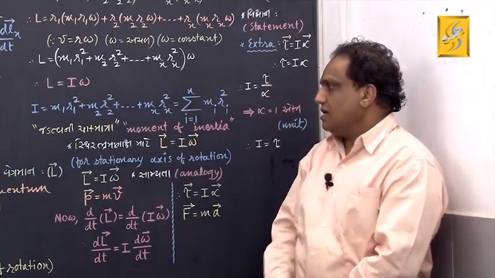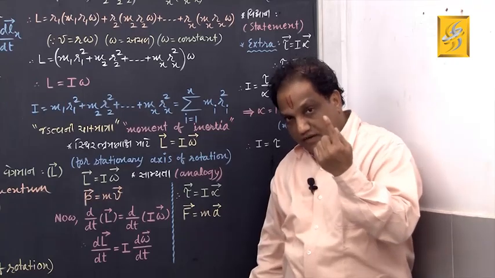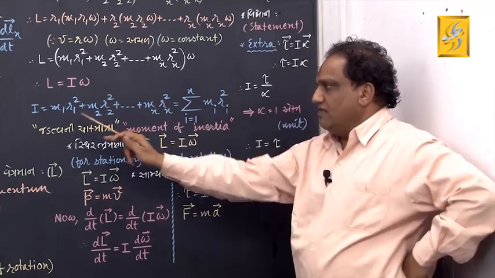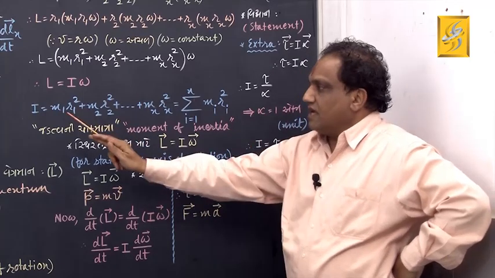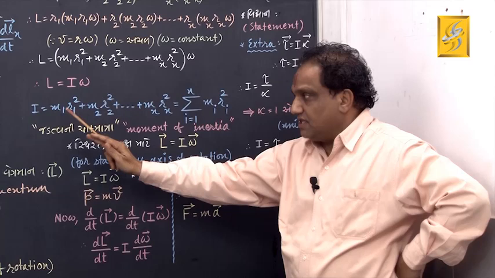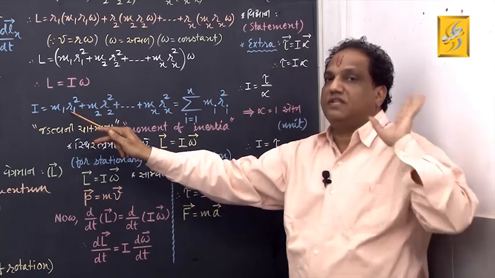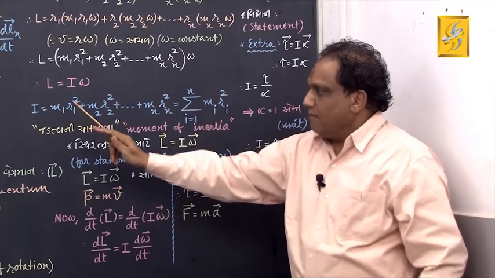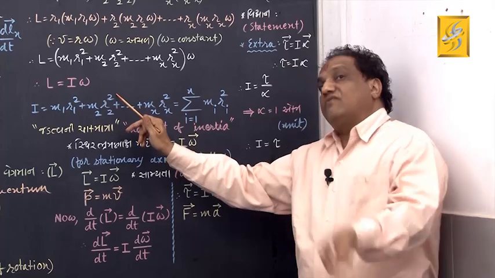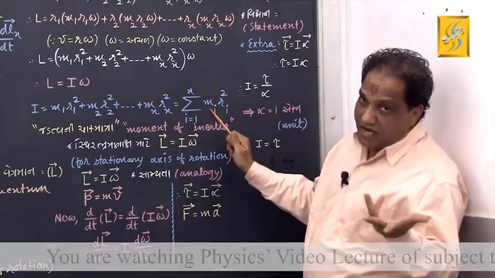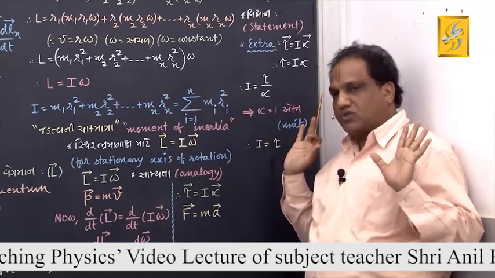Fine. Now, if you don't want to write this long summation, you may write it as a single term. What are we taking here? We are taking addition of terms in which there is a product of mass and the square of the perpendicular distance of a given particle from the stationary axis of rotation. Mass into perpendicular distance square. Say for the ith particle, mass is mi and perpendicular distance from the axis of rotation is ri, squared.